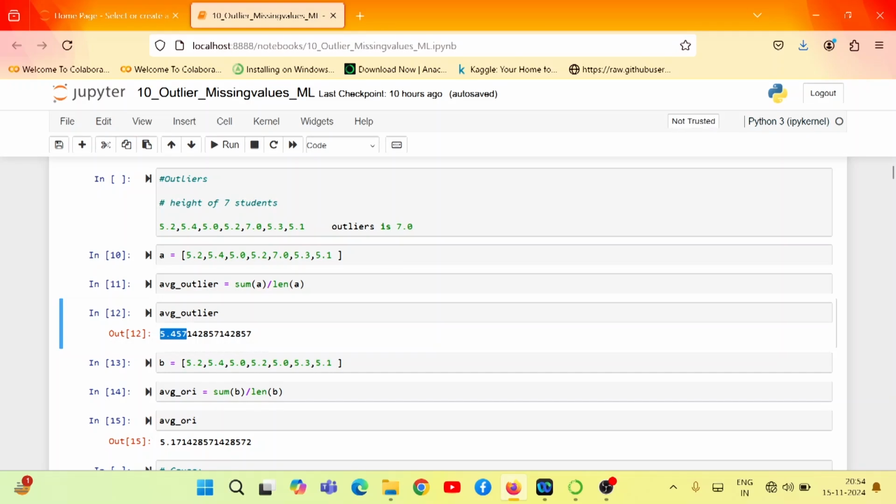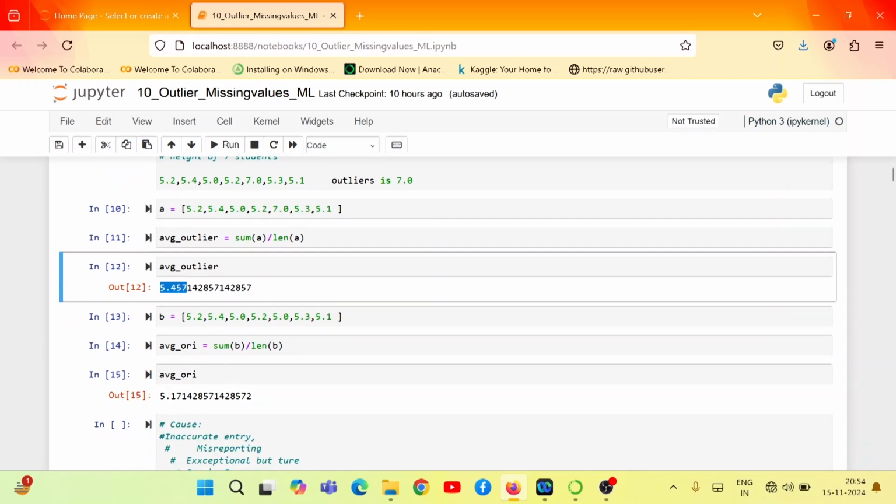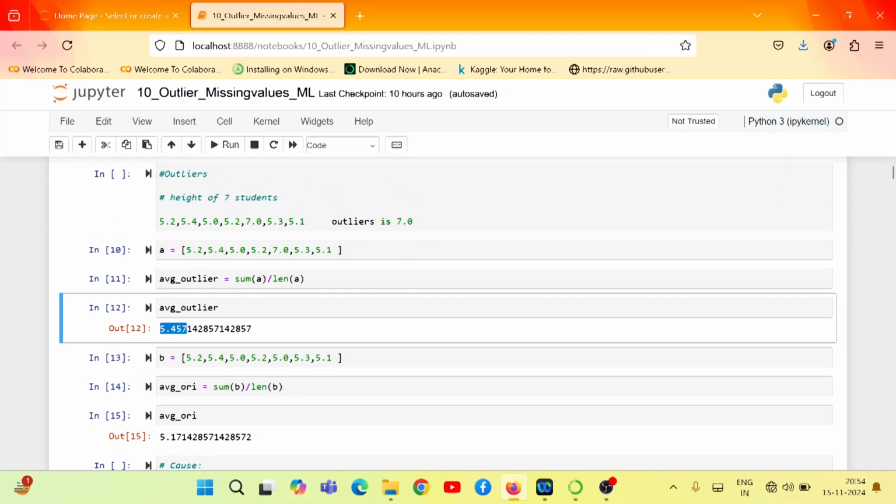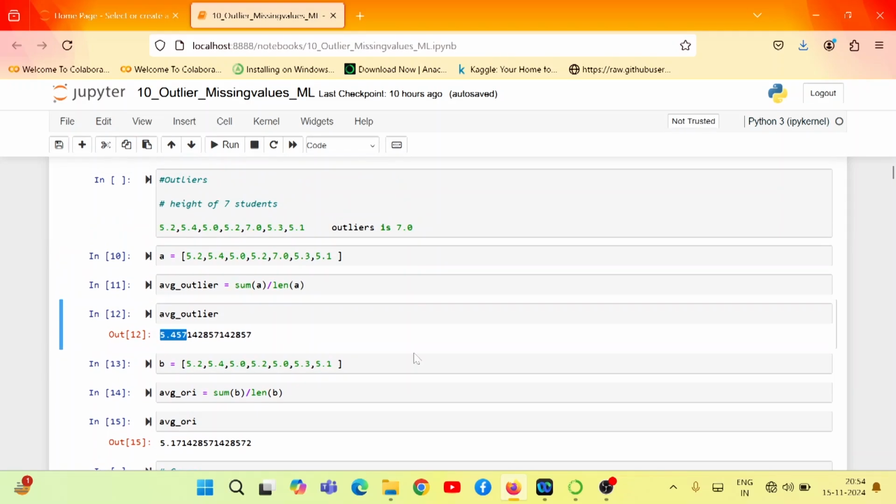Whereas if you have not included the outlier, then the average would come as 5.2. So 5.2 is very accurate for a 10th standard student. What I want to say here is, if an outlier exists, the entire conclusion may change.